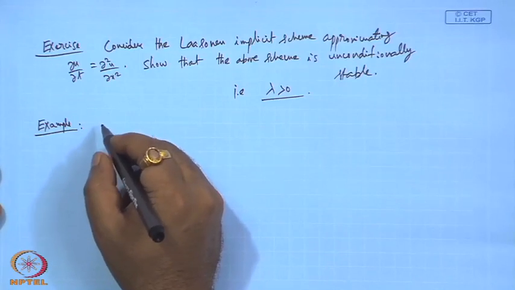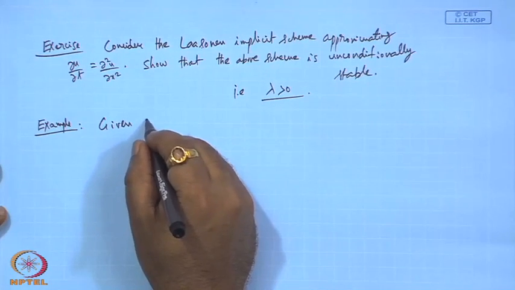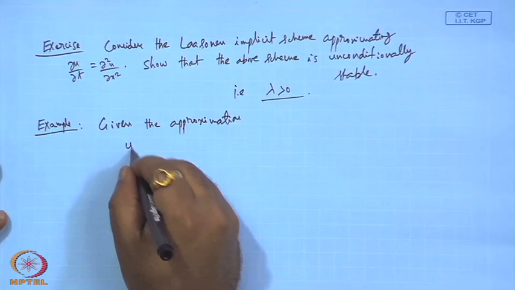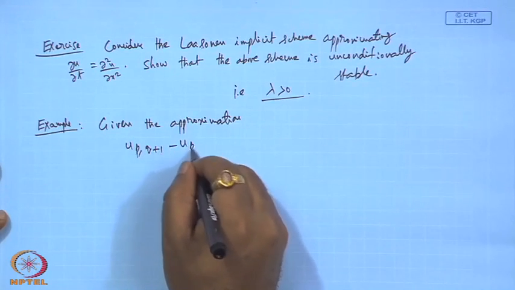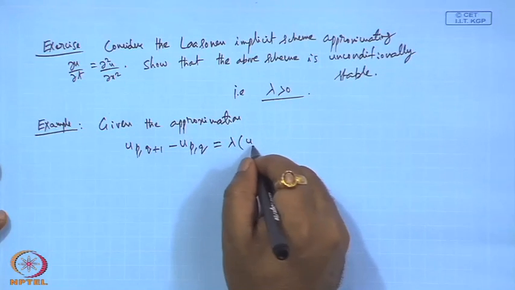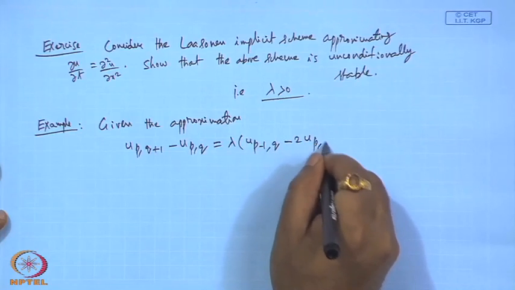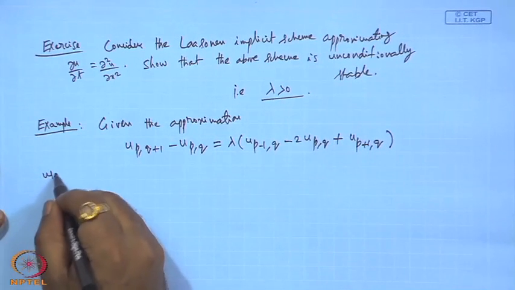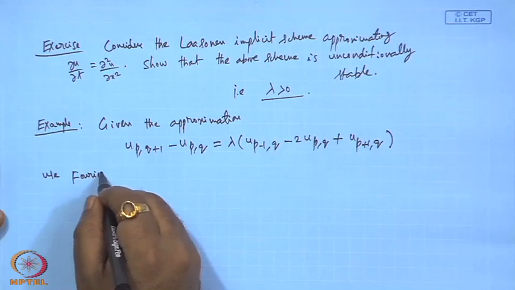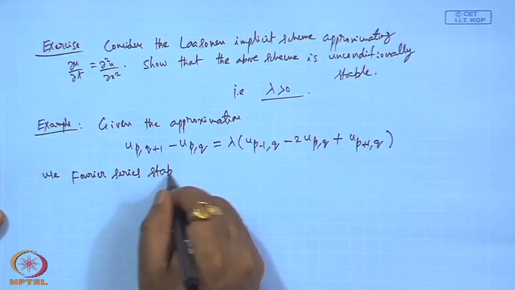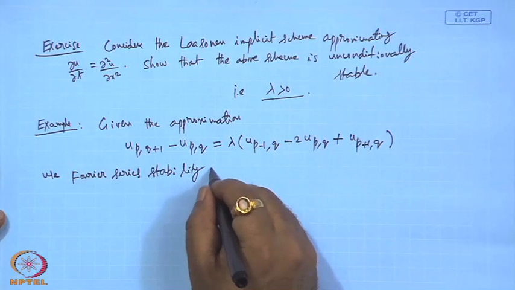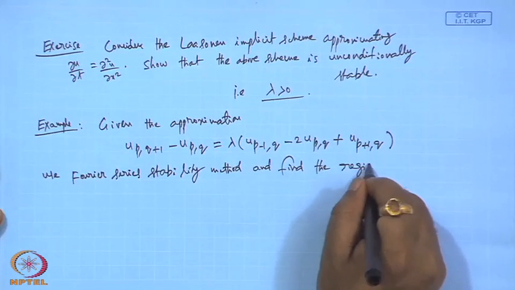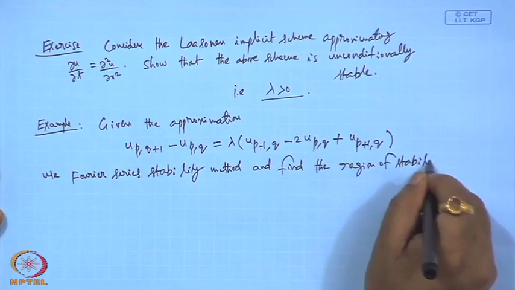So, for example, given the approximation, okay, use Fourier series stability method and find the region of stability.